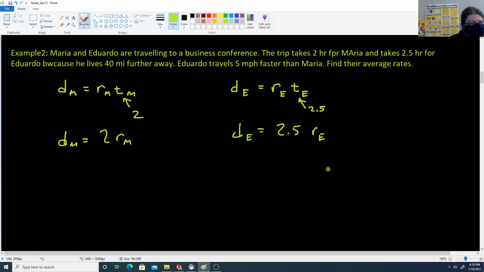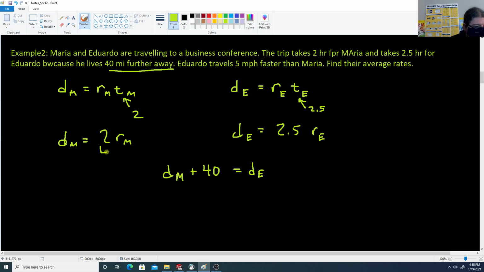Okay, how we're going to line the rest of this up is that Eduardo lives 40 miles further away. So if we take the distance Maria lives and add an extra 40 miles to it, that will be the distance Eduardo lives.